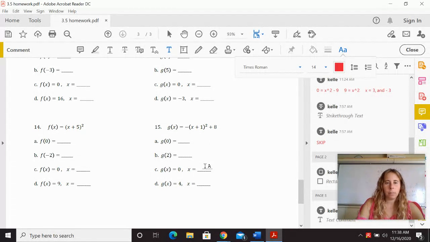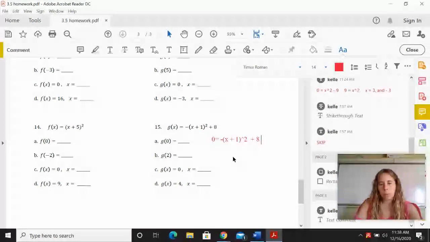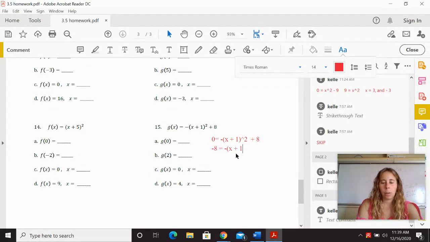So 0 equals negative (x plus 1) squared plus 8. Okay, so you're solving for x. Your first step would be to subtract 8 from both sides. Negative 8 equals negative (x plus 1) squared.